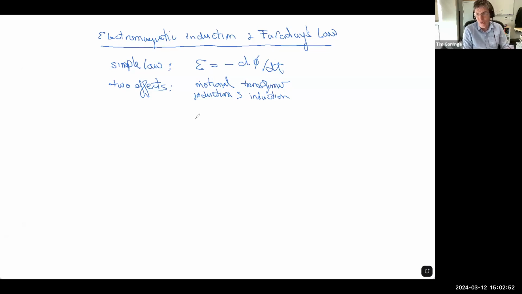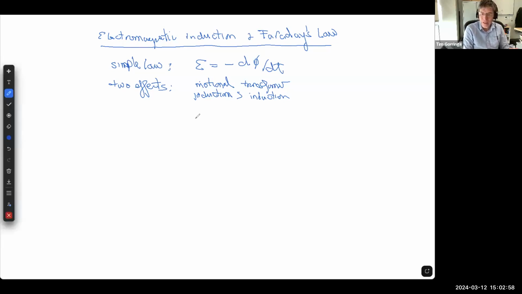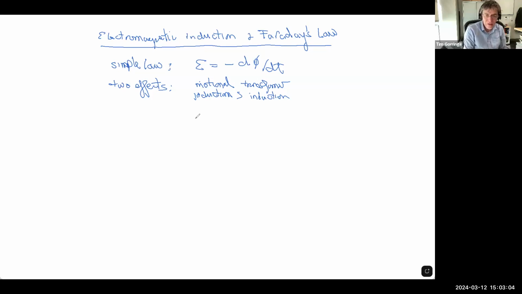And the simple law really doesn't tell us how motional induction works. Why does the changing magnetic flux in that case create an induced EMF? And the simple law doesn't really tell us in transformer induction why the changing magnetic flux creates an induced EMF.